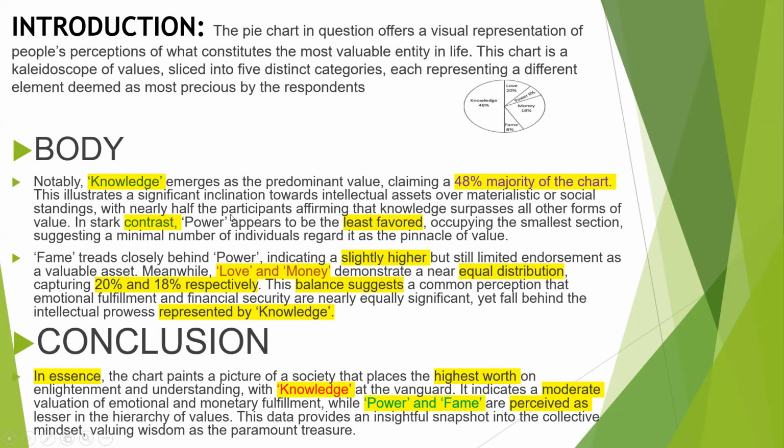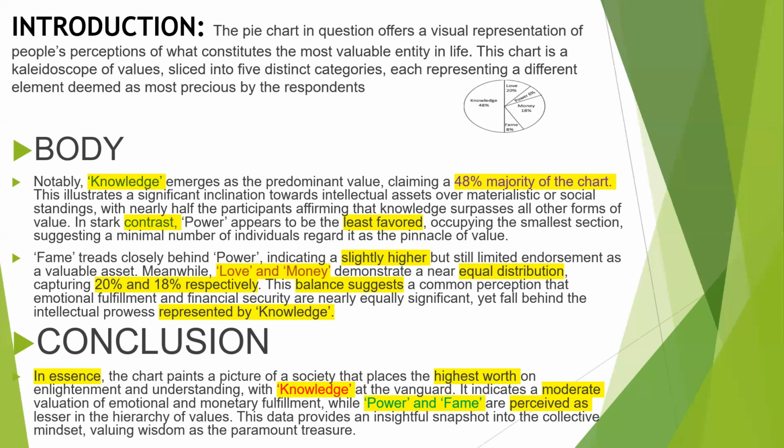So here when you are comparing, you are just mentioning that with nearly half the participants affirming that knowledge surpasses all other forms of value. That's the pie chart illustration, when you have compared with the other things.